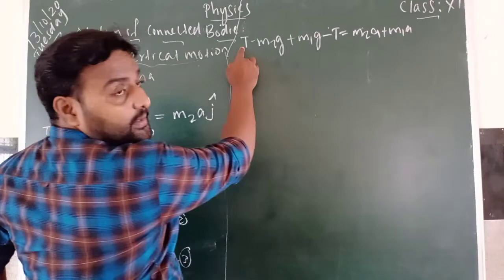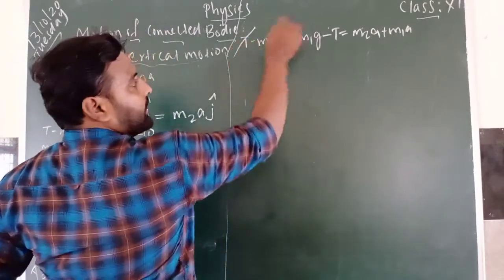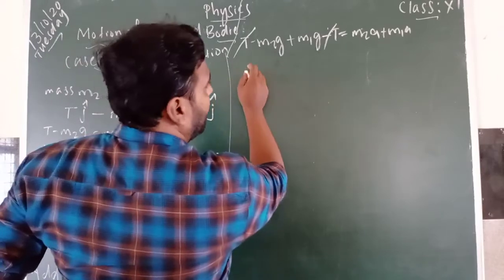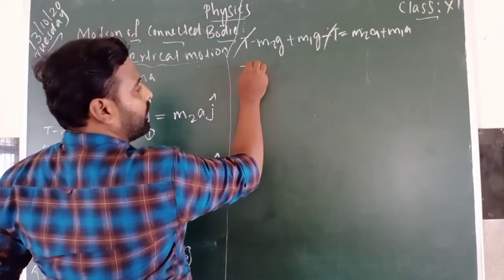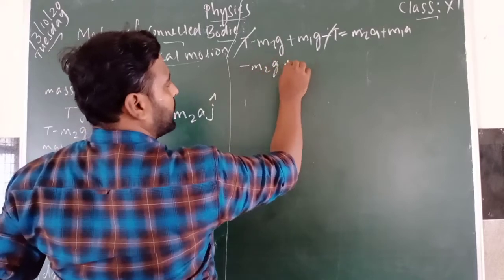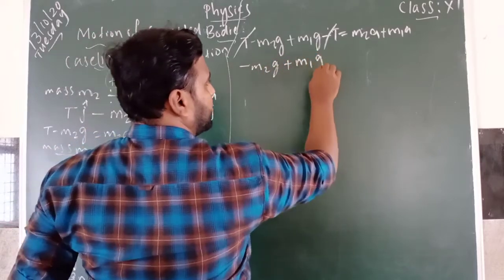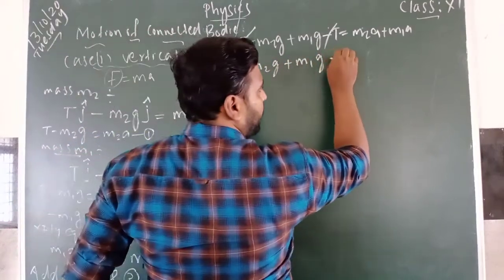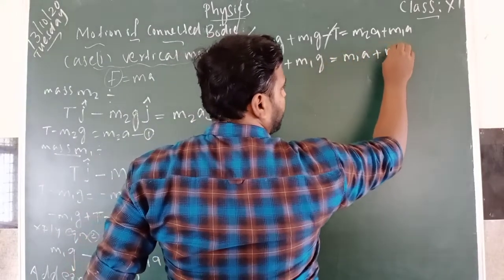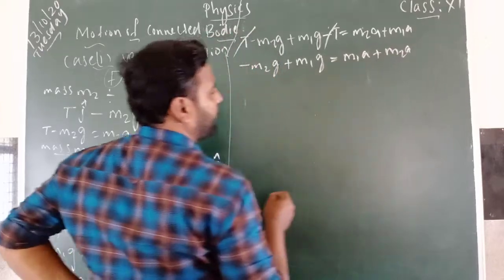Now here plus T, here minus T. So cancel T and T. What will remain? Minus M2G plus M1G equal to M1A plus M2A.